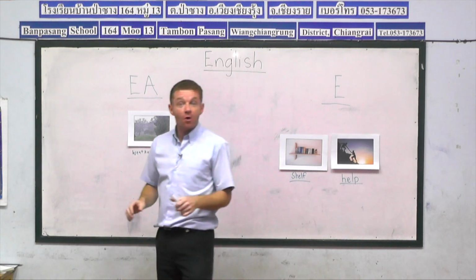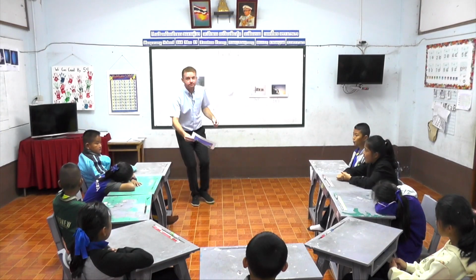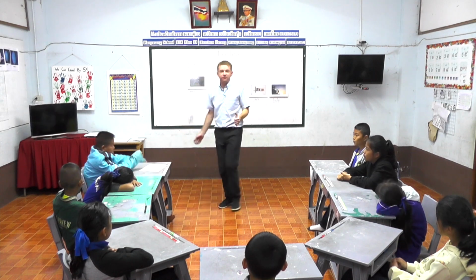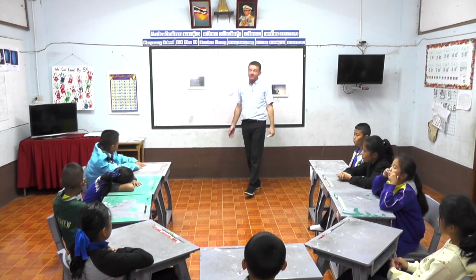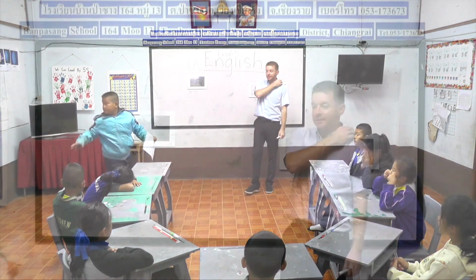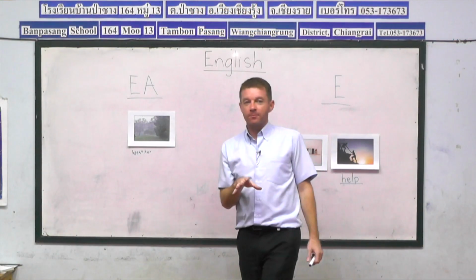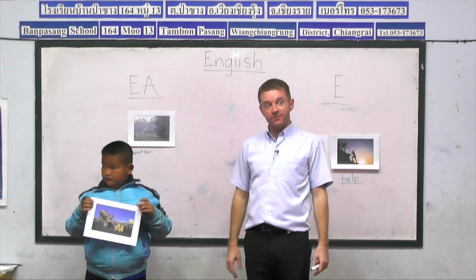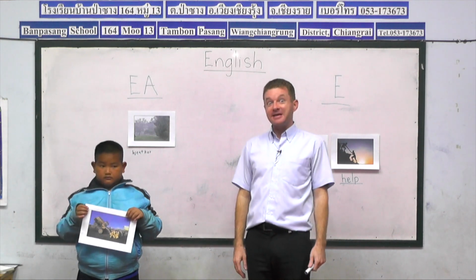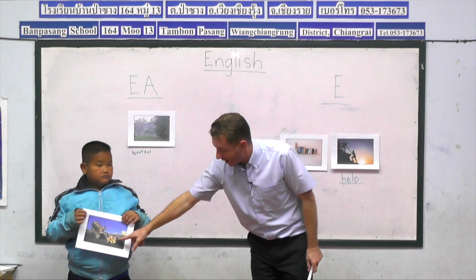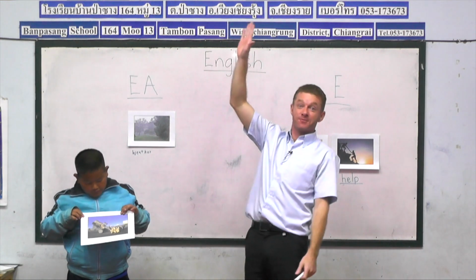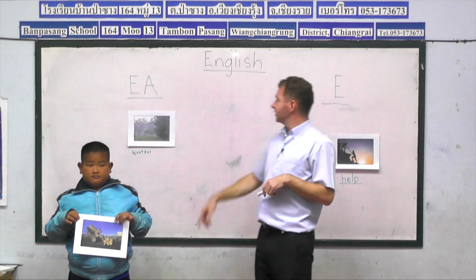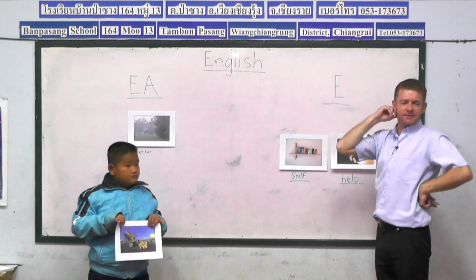Okay, time for our next flashcard. And this one is with Net. So Net, come and join me at the front. Now remember from the PowerPoint presentation, the lorry that was tipped up, what do we think about the wood? Heavy. Yes, the wood is too heavy and the vehicle has tipped up. But how do we spell heavy? With E or EA?